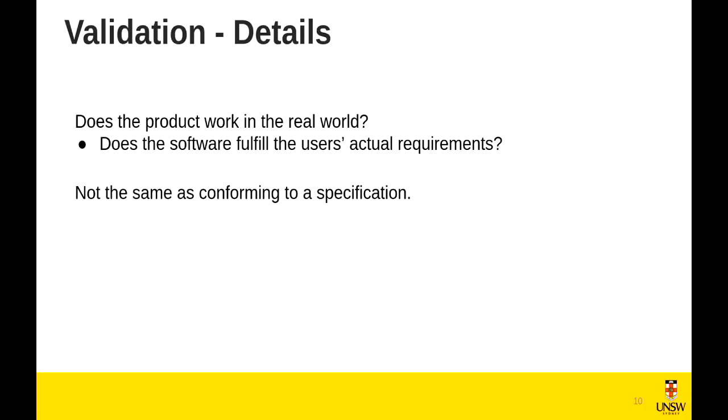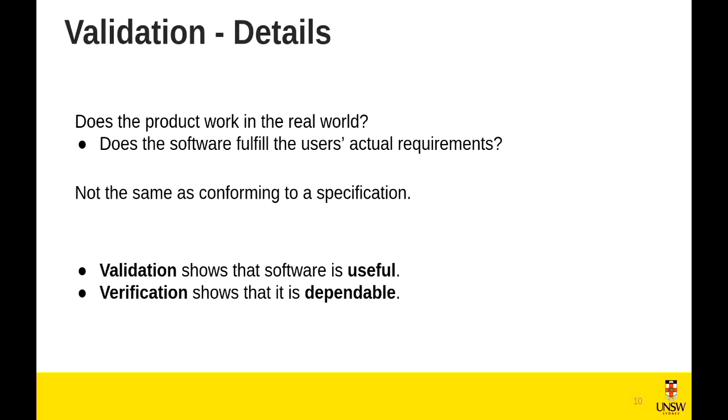So a verified software could be invalid. This is why the plane crashes. Validation shows that the software is useful, and verification shows that the software is dependable. Both are actually needed before we release the software.